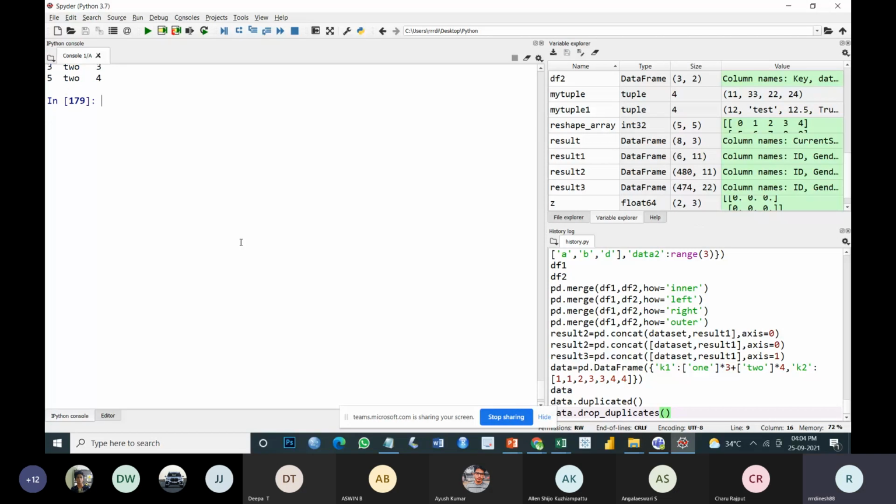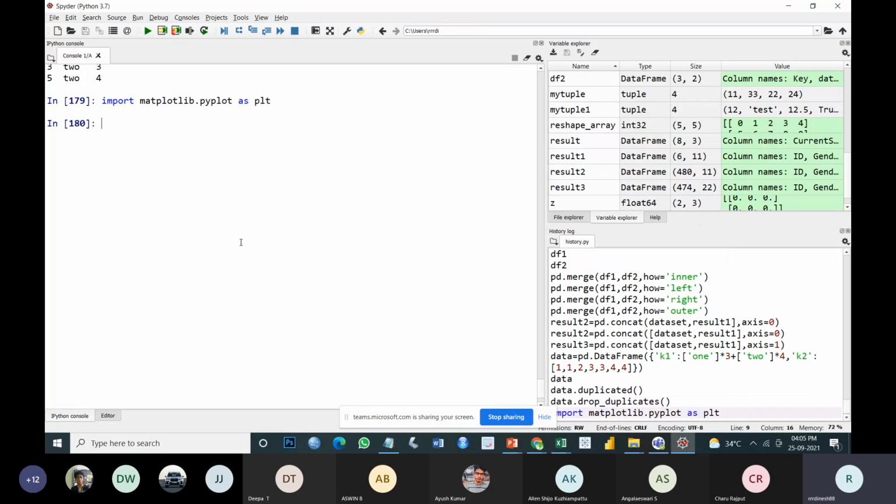As you know, how do we import a package in Python? What is the keyword? Import, right? We can use import matplotlib.pyplot as plt.